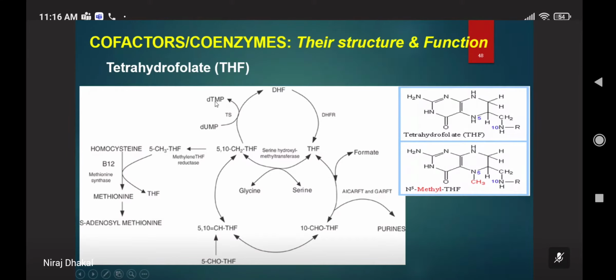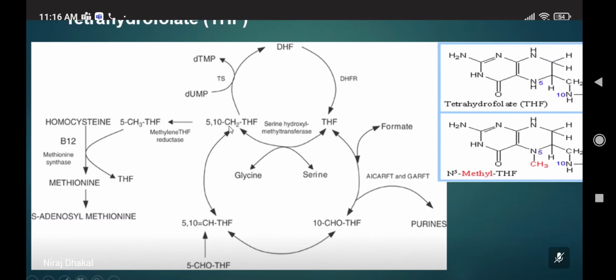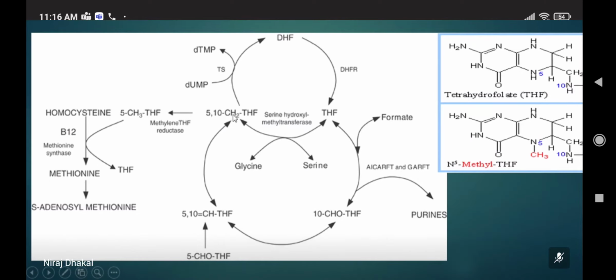During the synthesis of thymidylate, there is involvement of tetrahydrofolate. You can see here 5,10 methylene tetrahydrofolate is involved, and again the active form tetrahydrofolate is regenerated. Again, for the formation of purines, formyl tetrahydrofolate is required.